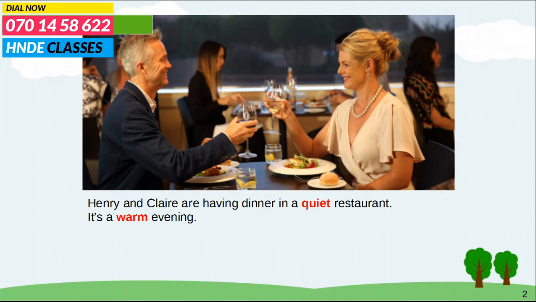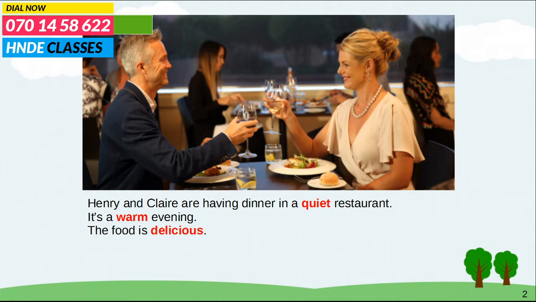Warm modifies the noun evening. Whatever word's function is to describe or modify a noun, we label it an adjective. It's a warm evening. Warm describes the noun evening. Therefore, warm is an adjective.